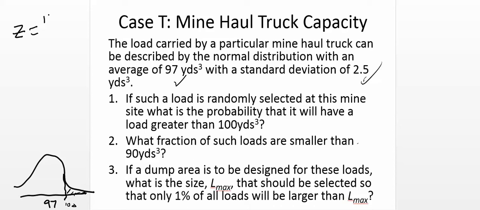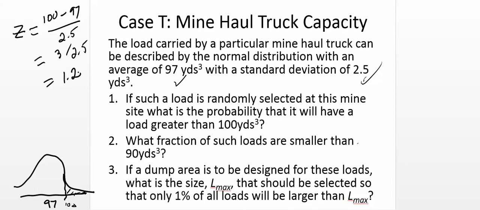So Z is 100 minus the mean, 97, divided by the standard deviation, 2.5. We end up with 3 over 2.5, and when I did that in advance, I got 1.2.